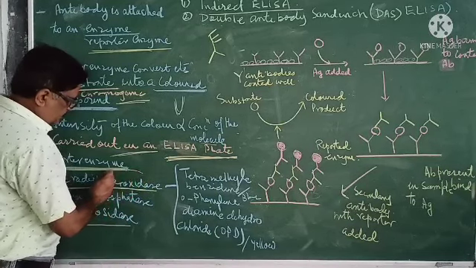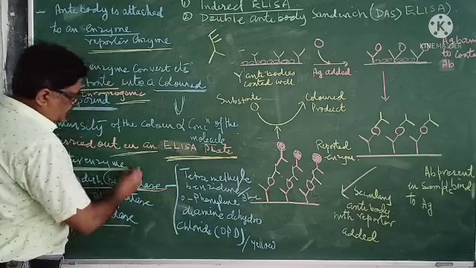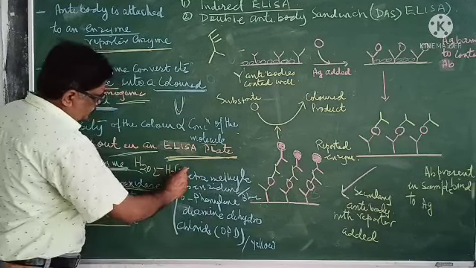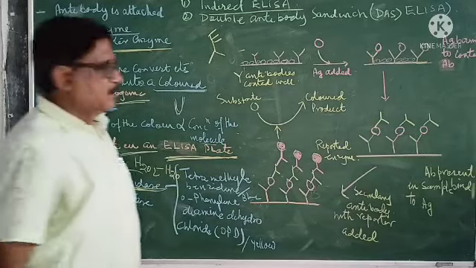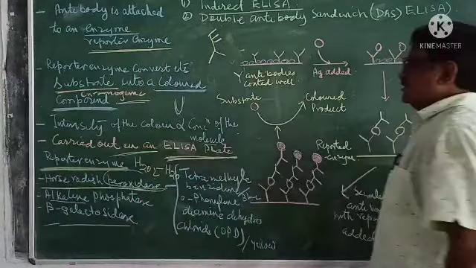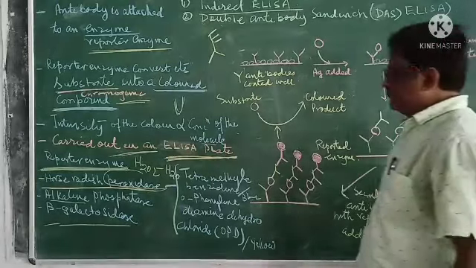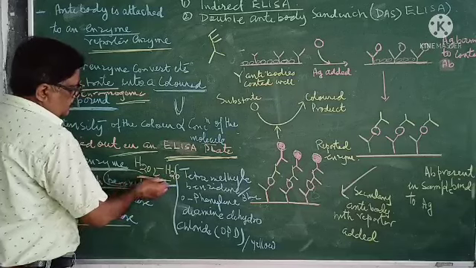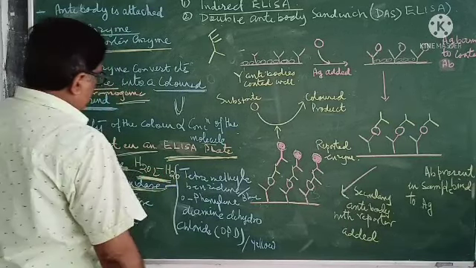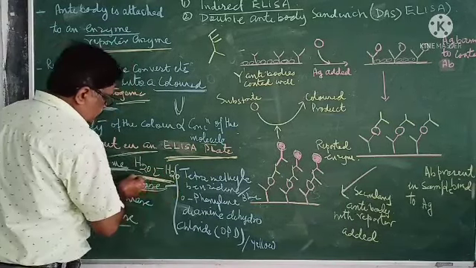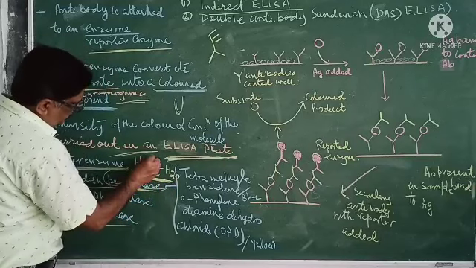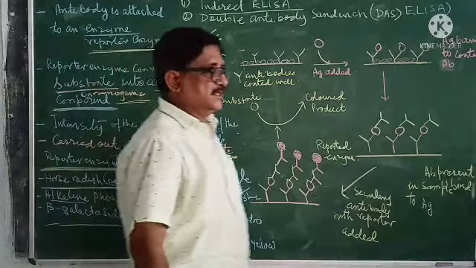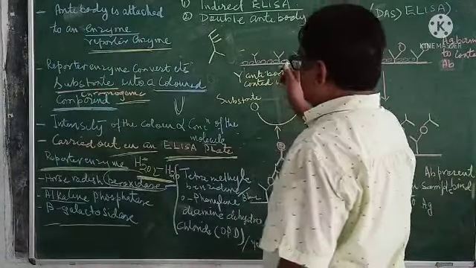It is a peroxidase, which means it reduces H2O2 to H2O, and for that purpose an electron donor is required, which, after donating electrons to H2O2, gets oxidized to form a colored product.